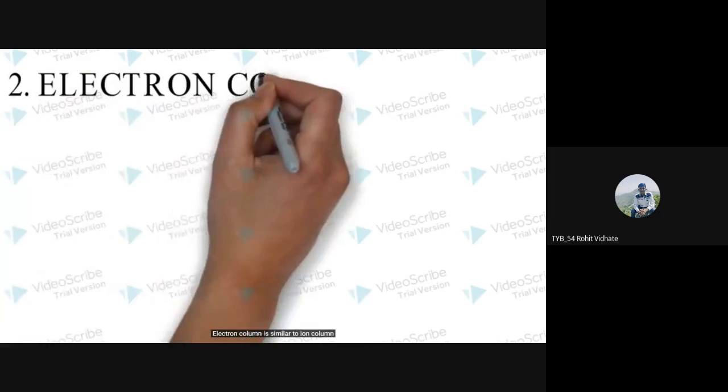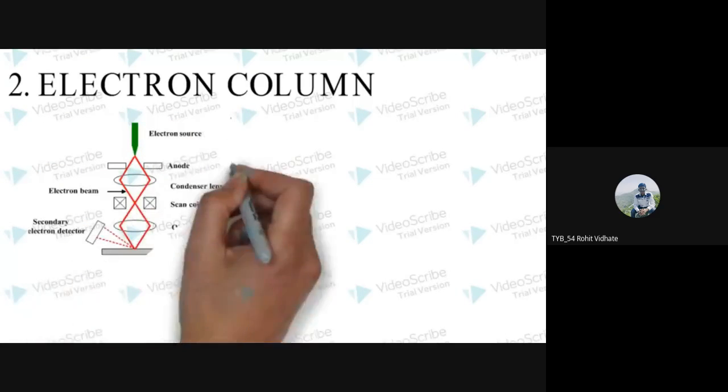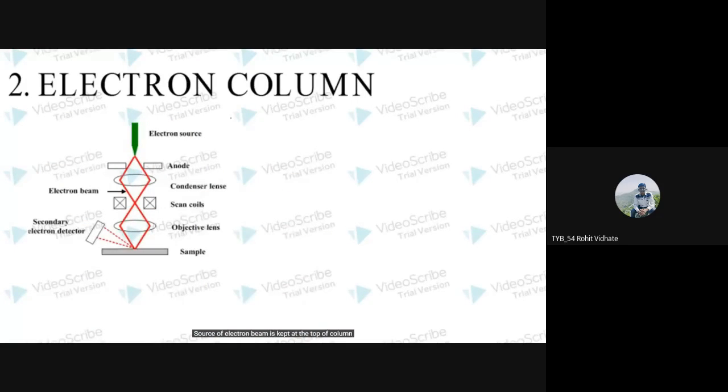The electron column is similar to the ion column, and is also called the SEM column. The source of the electron beam is kept at the top of the column, which emits electrons, and they are accelerated towards the sample. Electromagnetic lenses are used to focus this beam of electrons on the sample.